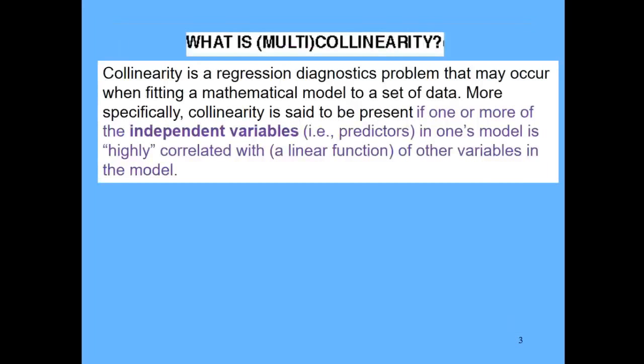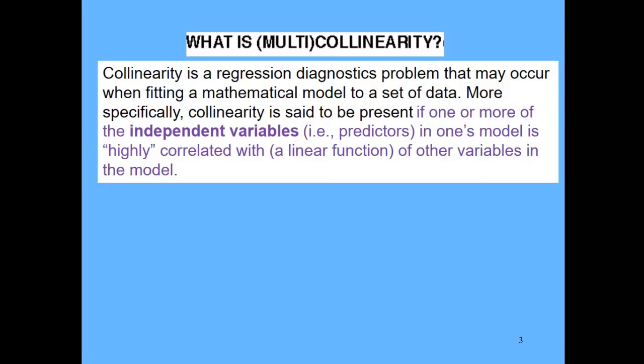Okay, so this is the first thing. What is collinearity? Collinearity is a regression diagnostics problem. In the model that you're working with, you're trying to diagnose whether there's something wrong with the model, something that's not working. You're not getting good results or reliable results.